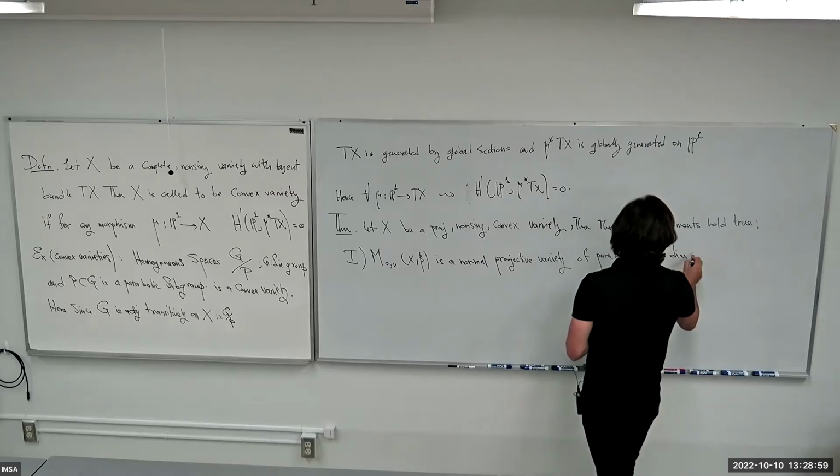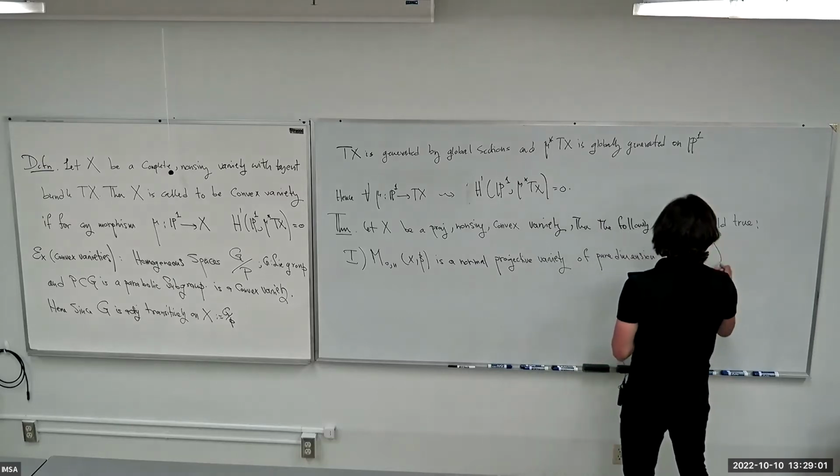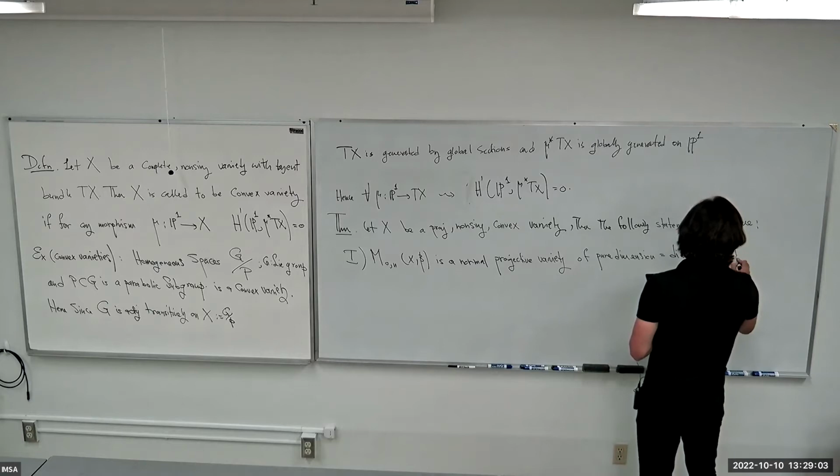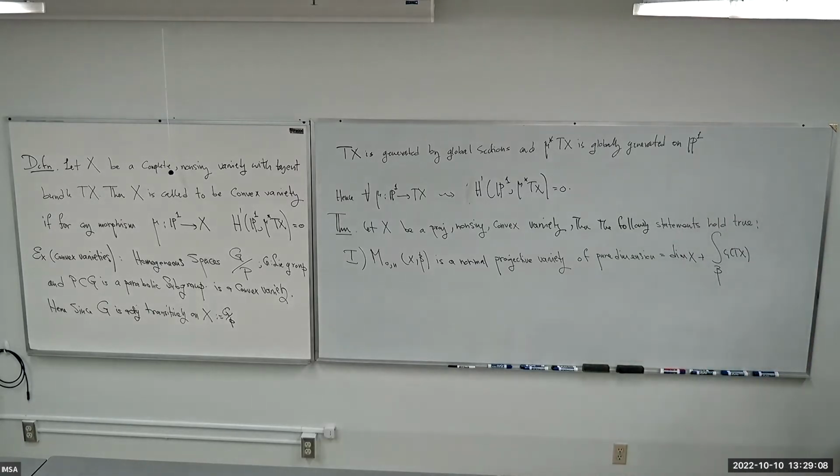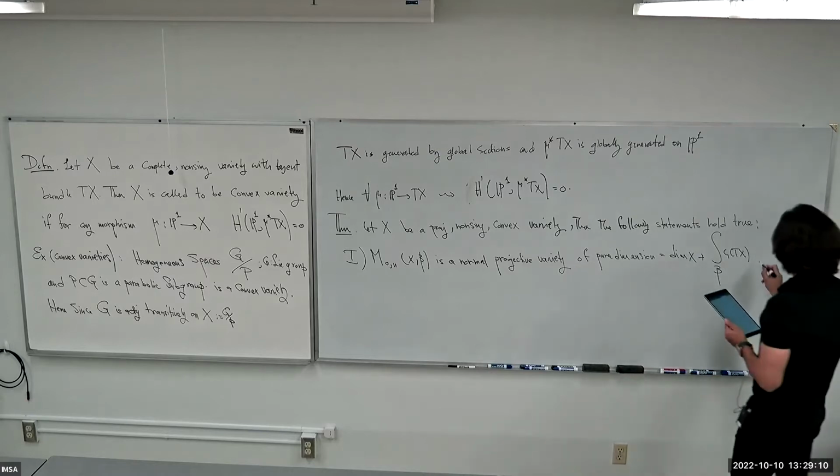It is equal to the dimension of X plus this number, the first Chern class of X evaluated with beta, plus n minus 3.